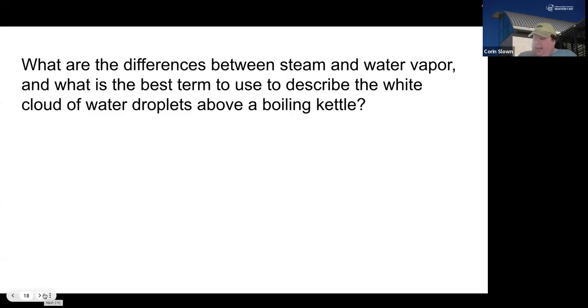Take a moment and see if you can come up with the difference in your own words. What's some of our thinking on the differences here? I'll see if I can record our thoughts.